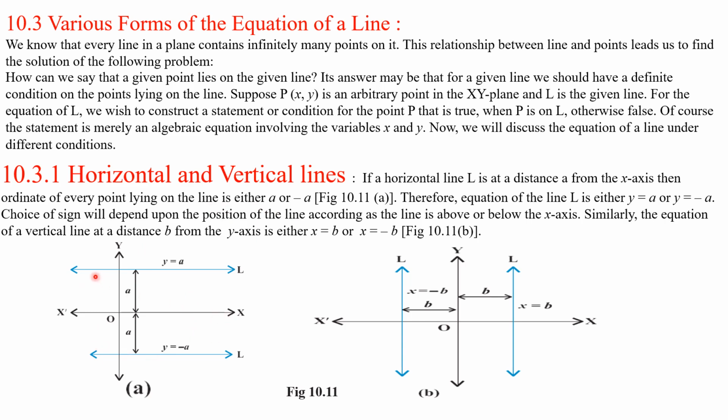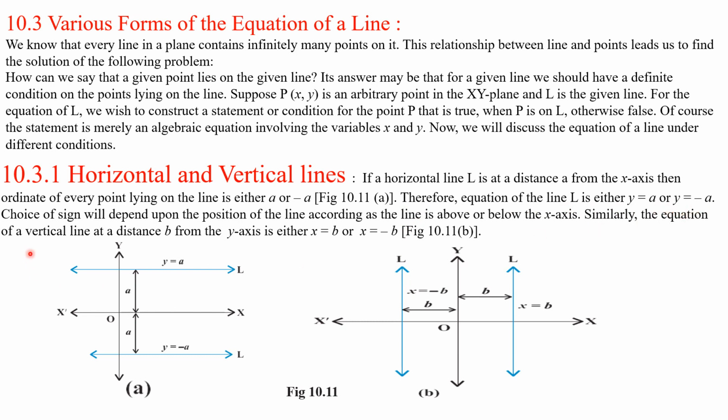The ordinate of every point on this line L is either a or minus a. It is at a distance of a units from the x-axis. Therefore, the equation of the line L is either y is equal to a or y is equal to minus a.